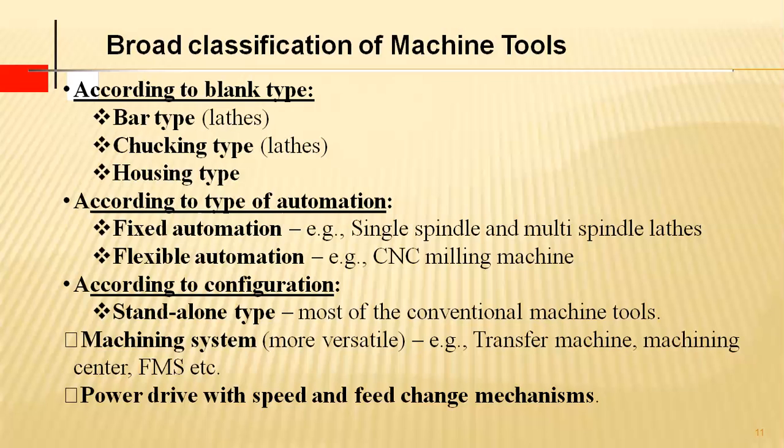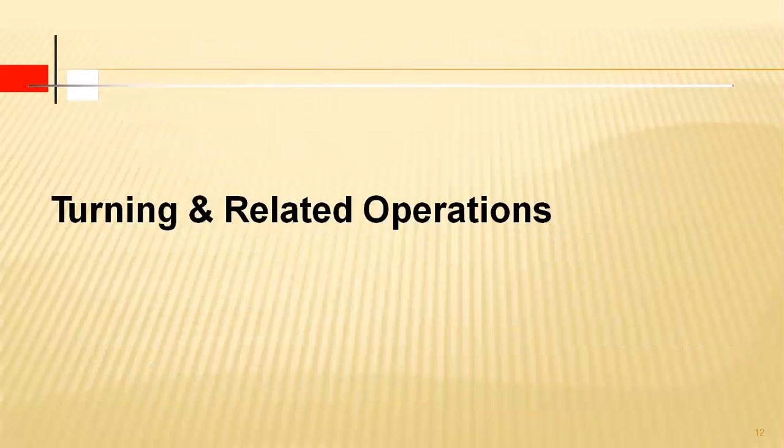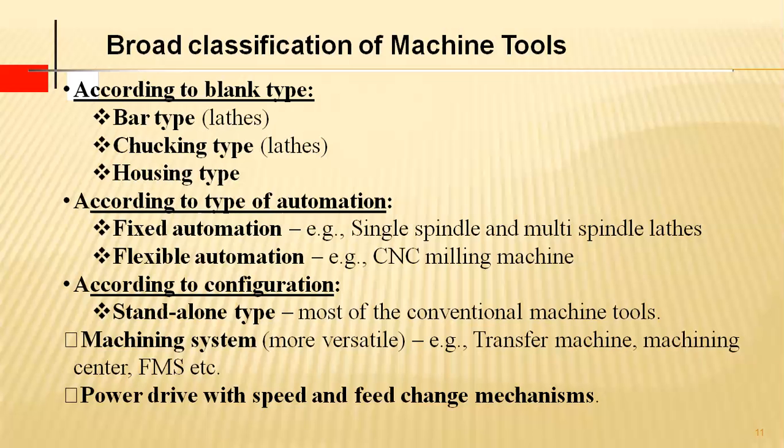Power drive with speed and feed change mechanisms. So by altering the different speed conditions and feed rates, it is also classified with respect to different lathe machines, whether in fixed or flexible automation techniques.